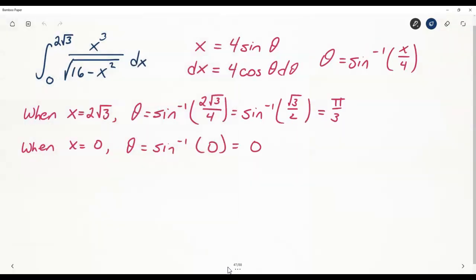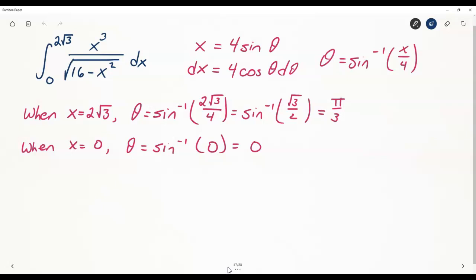Now, I'm changing my limits of integration. Rather than going from 0 to 2 square root of 3, I'm going to take this expression right here. Oh, no, I'm sorry. This is where I use this. Because if x is 2 square root of 3, if I plug that in here, I'm going to end up with 2 square root of 3 over 4, which is inverse sine of square root of 3 over 2. This is where, if you bring your unit circle and keep it with you, you can use it.